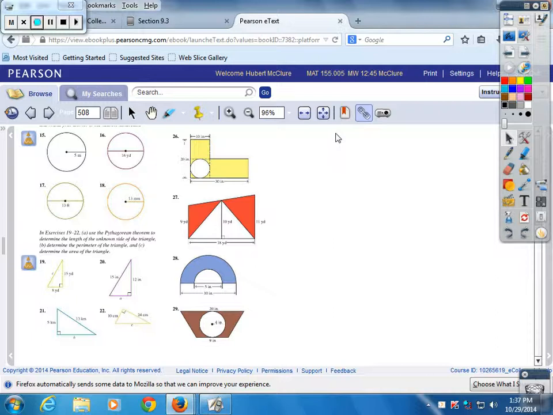Hmm? 19: C is the hypotenuse, 15 yards and 8 yards.